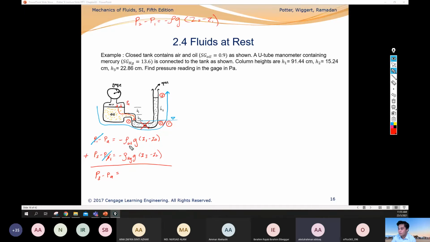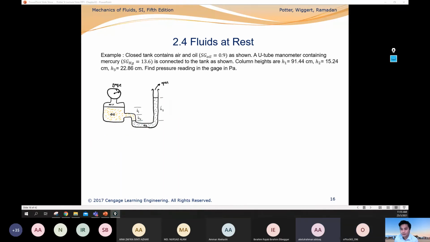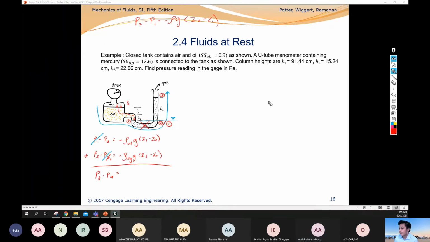So, how to get the rho of oil? From specific gravity. What's the formula of specific gravity?